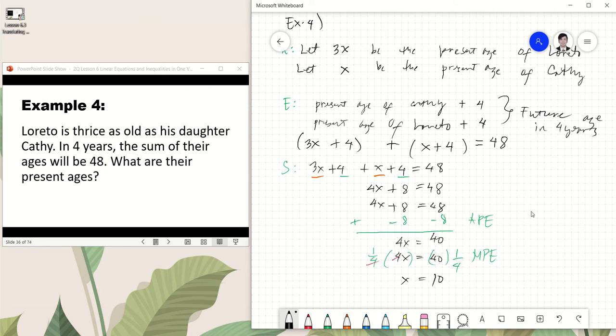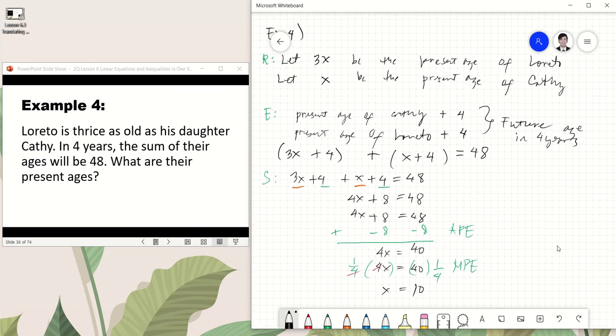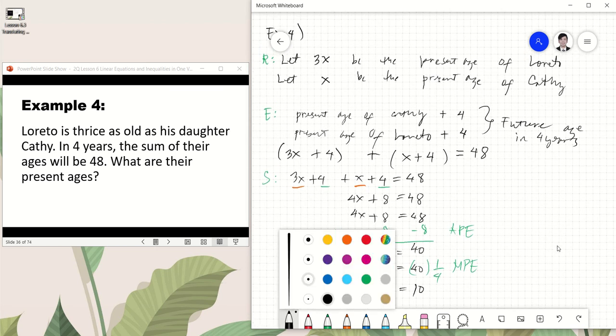Okay, balik tayo sa representation. Ano ulit yung meaning ng x natin? Yun ang edad ni Kathy. Yung present age ni Kathy. So, 10 years old siya. So, hindi pa natin alam yung present age ni Loreto kasi yan yung hinahanap natin. So, magsasubstitute pa tayo.